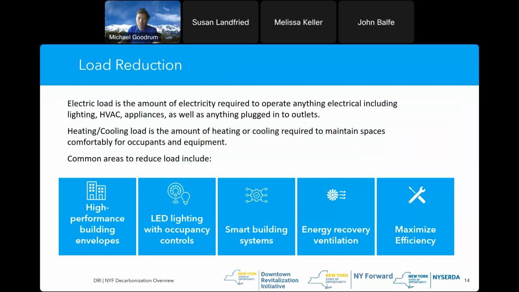As far as load reduction, this can be electric loads and can also be heating and cooling loads. They're both important and play a role in the decarbonization of the building. So we'll talk through some various ones, beginning with building envelope.